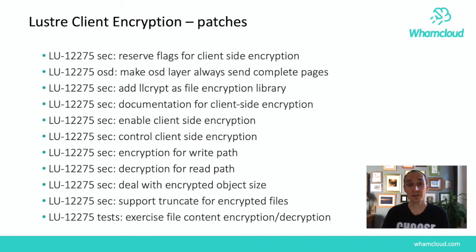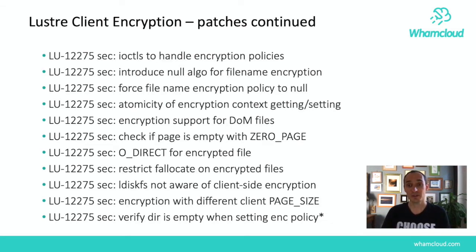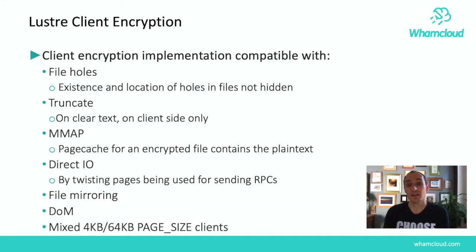So here you have a list of all the patches that have been merged in 2.14 in order to be able to support file content encryption. There are 22 patches listed here. Client encryption implementation is compatible with many different I/O patterns that we are used to with regular files.